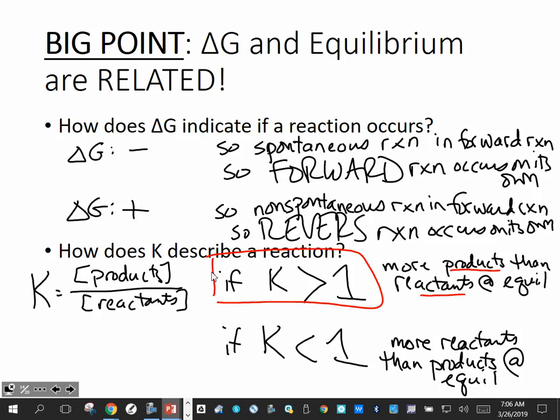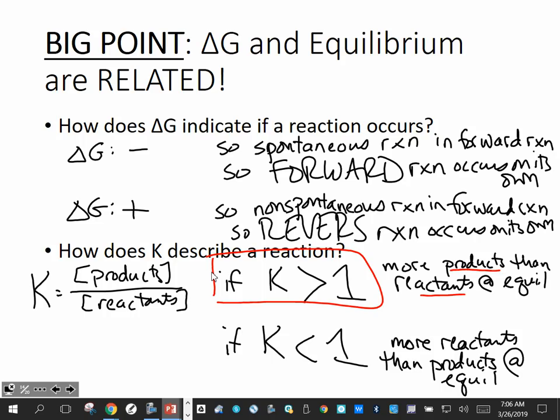If K is greater than 1, you have more products than reactants at equilibrium. Okay, so which reaction, the forward or the reverse, must have occurred in order to get to equilibrium? Well, if you end up with more products than reactants at equilibrium, then you must have had the forward reaction occurring on its own without any outside intervention.